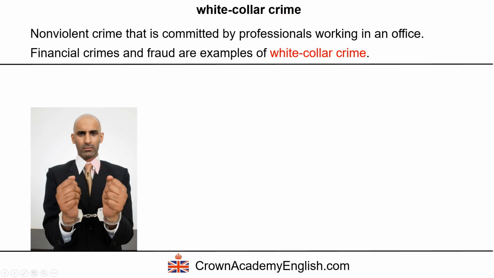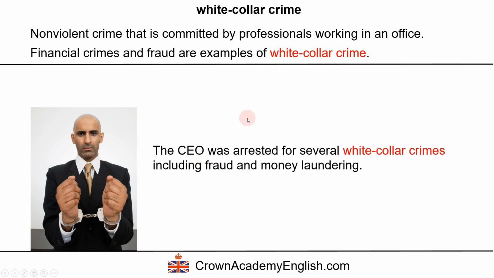So here we are, and this is a white collar. This is the collar, and this shirt is white, so it's a white collar. Anyway, the CEO was arrested for several white-collar crimes, including fraud and money laundering. So white-collar crime.